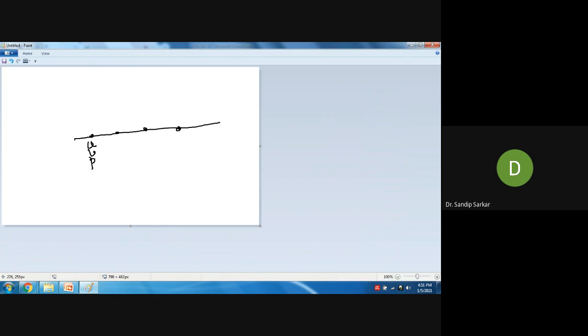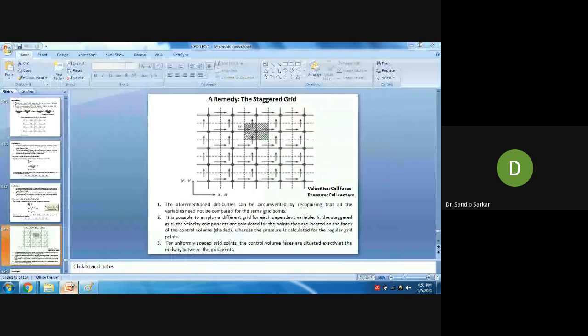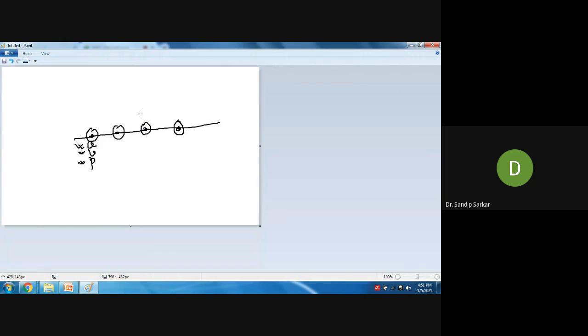All the primitive variables u, v, and p are specified at the same grid points, and that is creating the problem called pressure velocity decoupling.